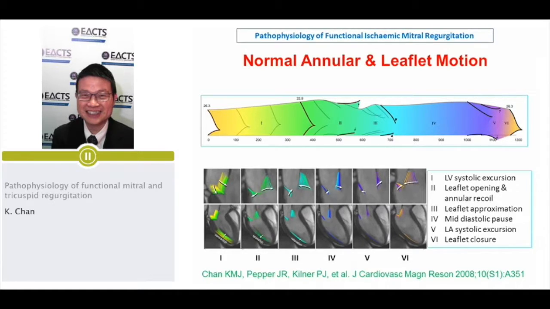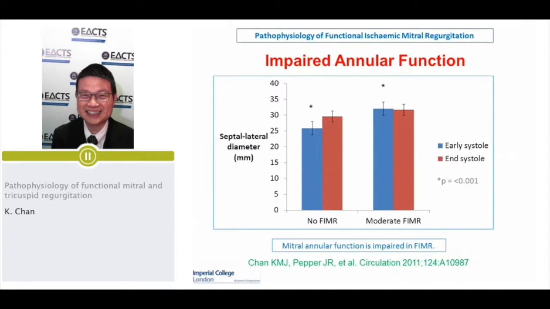There's a pre-systolic contraction of the mitral annulus, and the mitral annulus then relaxes throughout systole so that it is largest just at the onset of diastole when the leaflets open. Also, there are 6 distinct phases of leaflet motion, which is closely related to mitral annular motion.